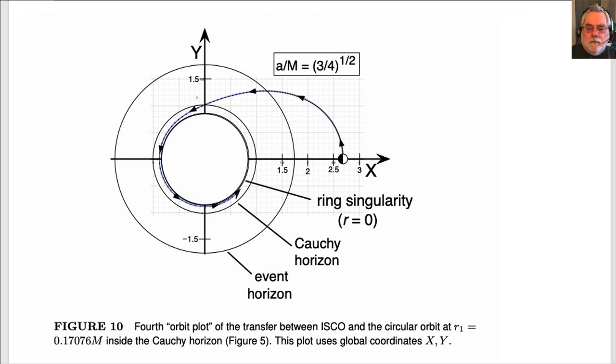Theoretically, it might be possible to use a curving free fall transfer orbit to go from a stable or unstable prograde orbit outside the outer event horizon. So here, this is showing the ISCO. So this is a curving free fall transfer orbit.